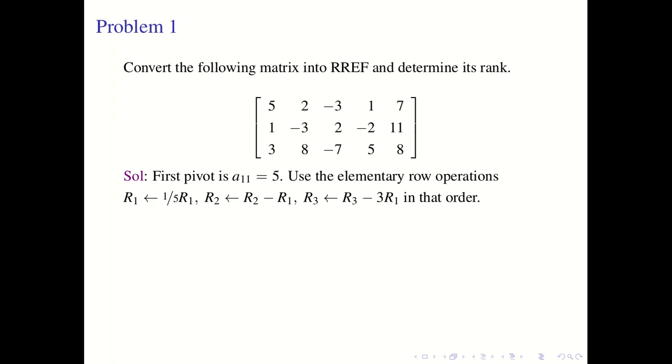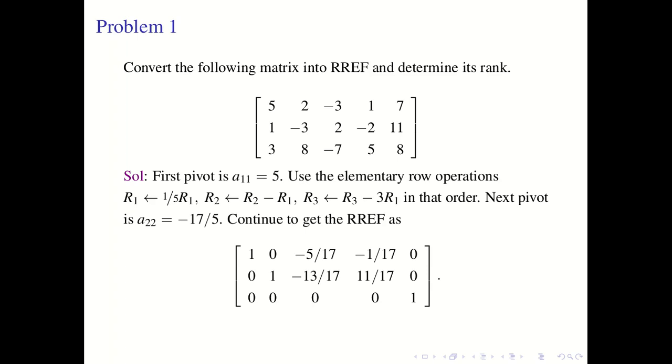For that we multiply the first row by 1 by 5, then change the second row to R2 minus R1 and the third row to R3 minus 3R1 after dividing. So the first row operation is 1 by 5 R1 on the given matrix.